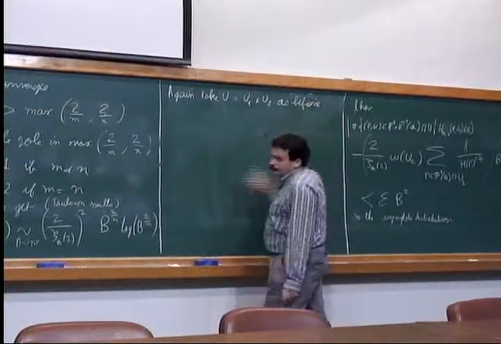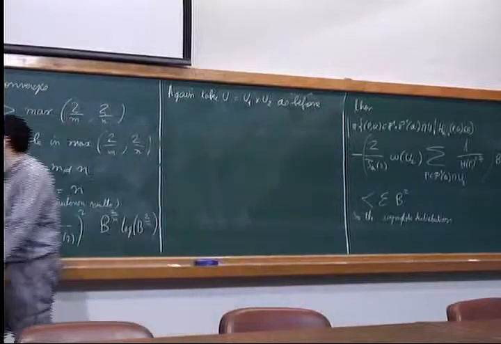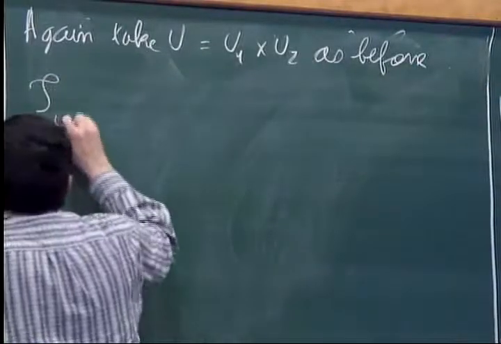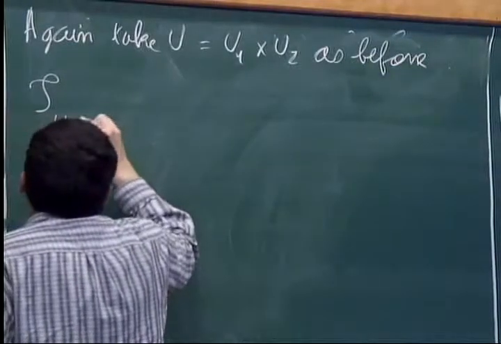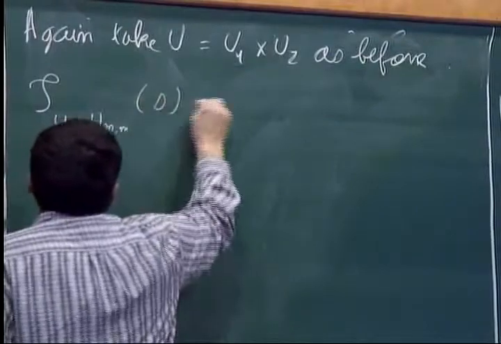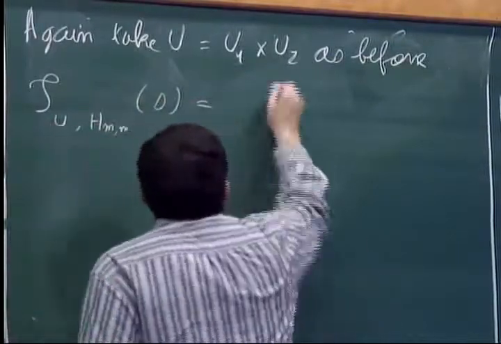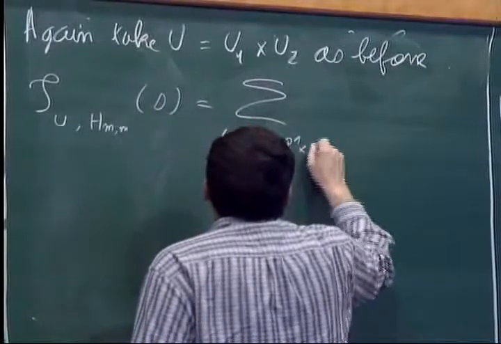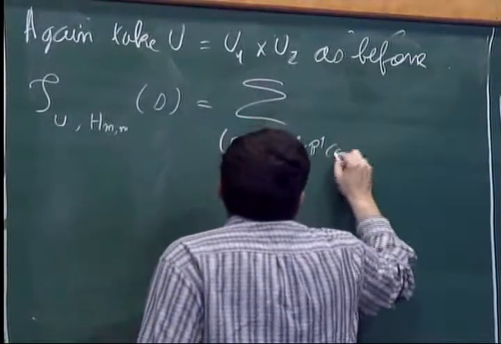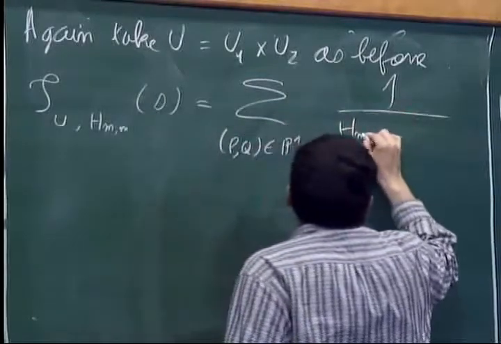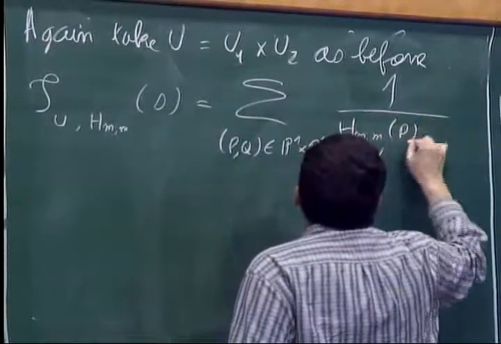By this I mean that U1 and U2 are elementary. And I can look at the zeta function of U for hmm of S to be the sum for (P, Q) belonging to P1 cross P1 of Q intersected with U of 1 over the height of P at the power S.